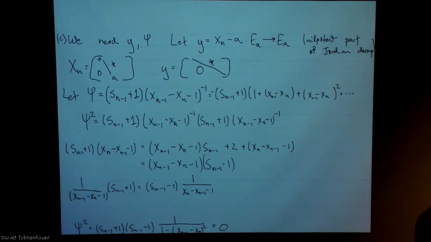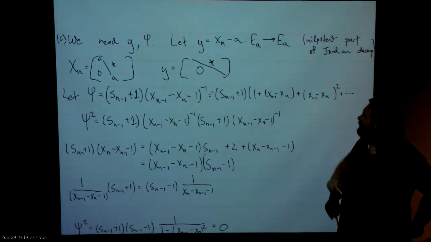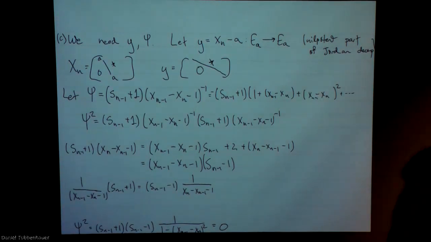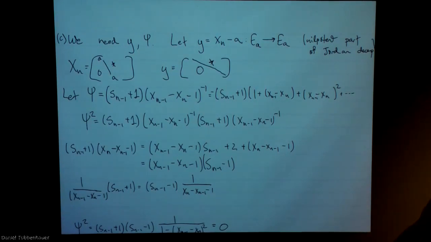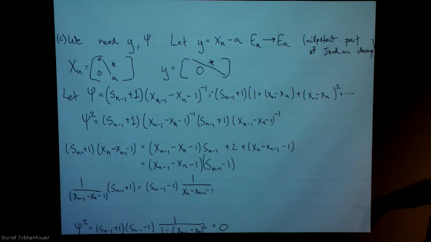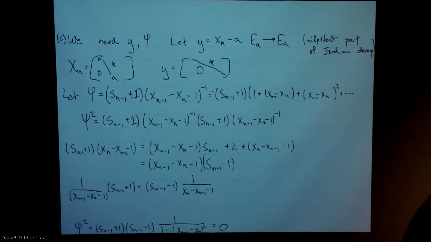Y is easy to define. I just look at the Jucys-Murphy element and I say, but I want Y to be nilpotent, so I need to subtract the scalar A. Again, because we're on the generalized eigenspace, Xn minus A is nilpotent.